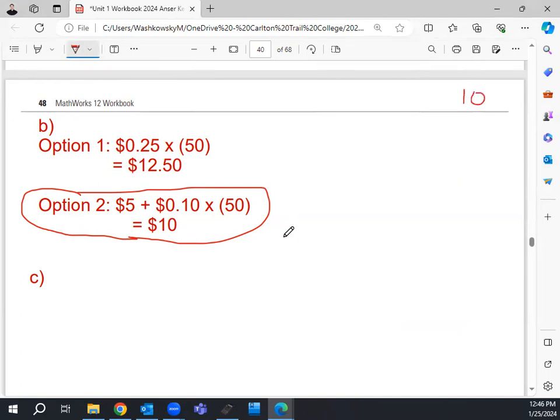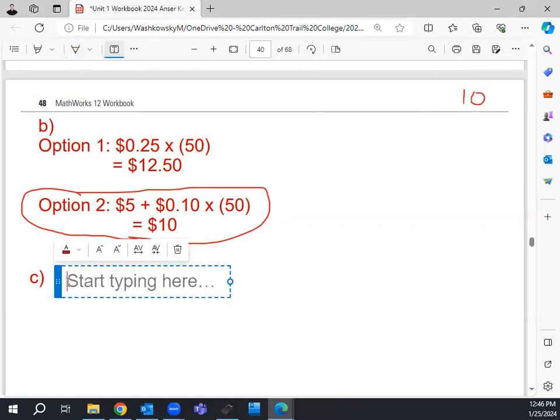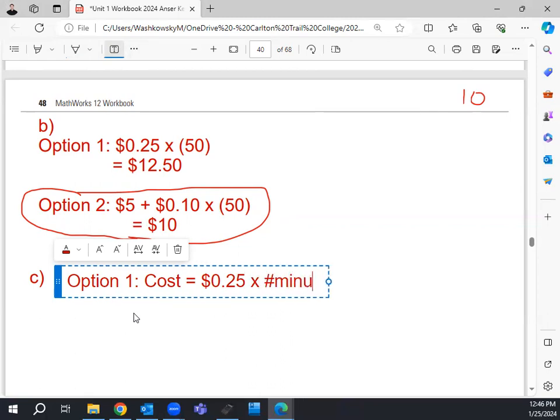So let's find out. This is going to secretly be a little bit of an algebra question. Remember, when I have a formula, if we're looking at option 1, for example, the cost is equal to 25 cents times the number of minutes.